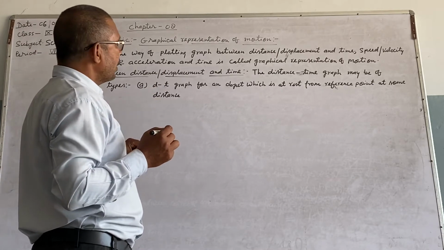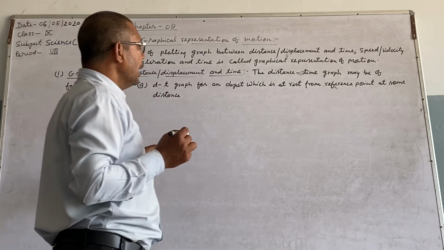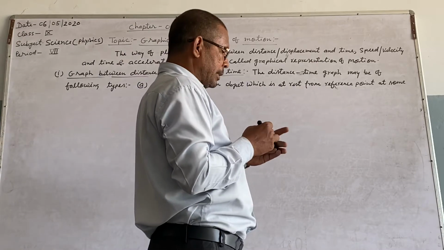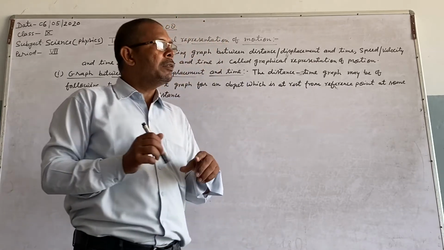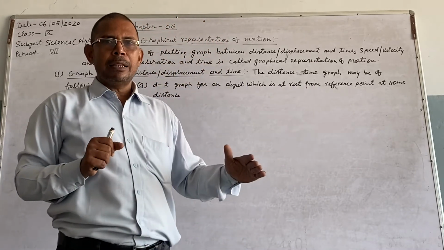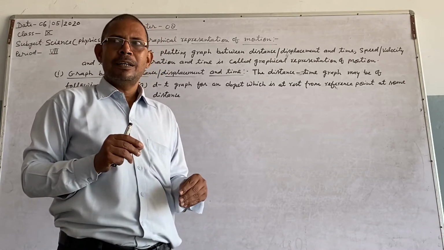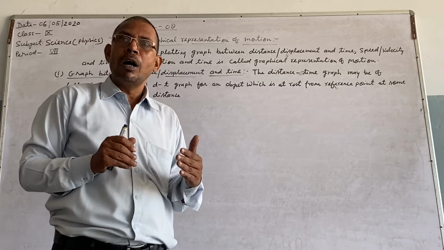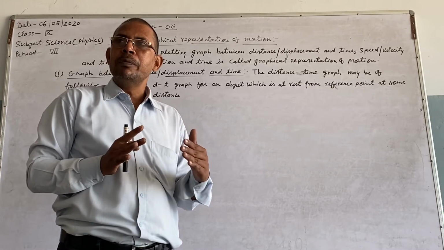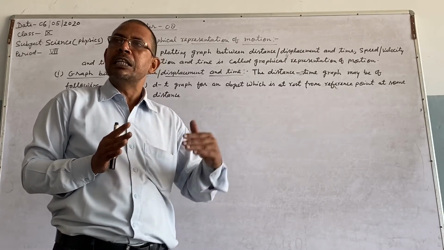See what happens. Let an object is at 4 meter distance from the reference point, and you have to draw a graph between distance and time, or distance time graph.